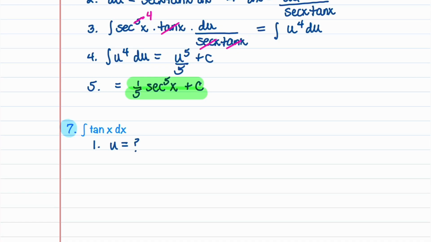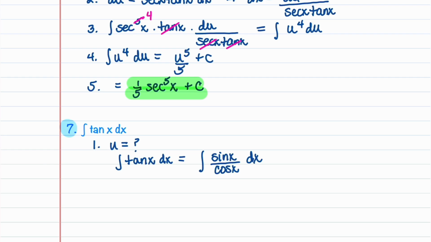So let's think, what can we change tangent to? The best thing is to change it to its definition. So let's do that. The integral of tangent x dx is equal to the integral of sine x all divided by cosine x dx.